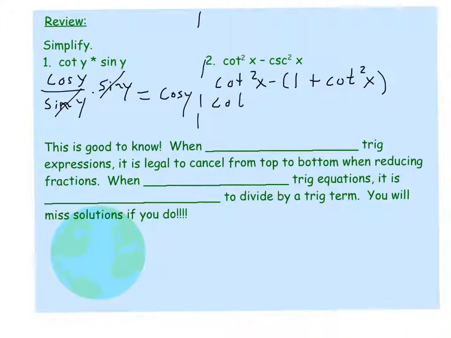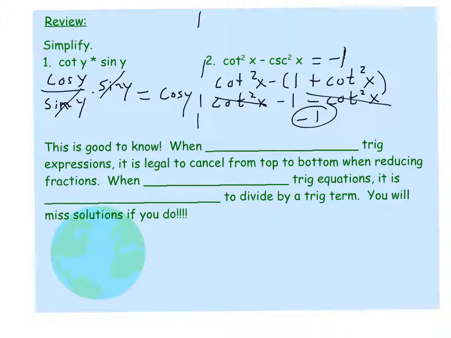Then we can distribute this negative sign and get rid of the parentheses, have minus 1 minus cotangent squared. Those cancel out, and look what's left. That actually simplifies to a constant, interestingly enough. That equals negative 1. That would mean no matter what angle we put in for x, cotangent squared minus cosecant squared is always going to be negative 1.